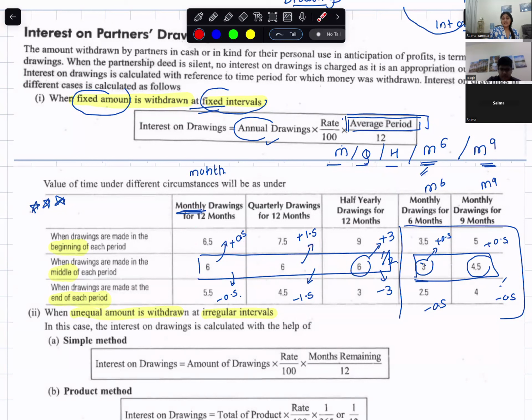And if it is at the end of each period, minus 0.5, minus 1.5, minus 3. Monthly drawing for 6 months or monthly drawing for 9 months, you will add 0.5 and at the end it will be minus 0.5. Are you with me?